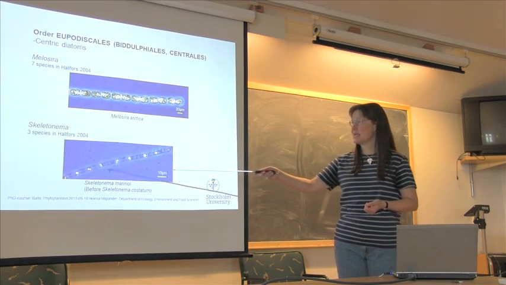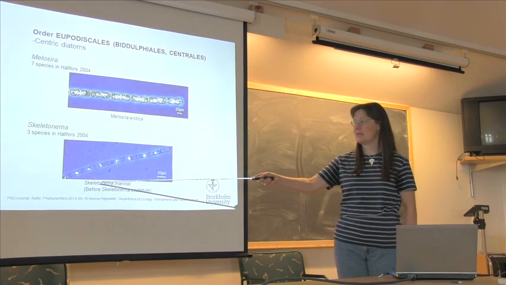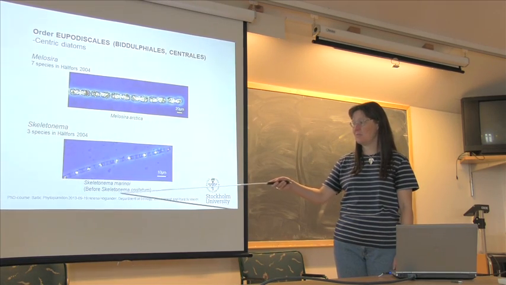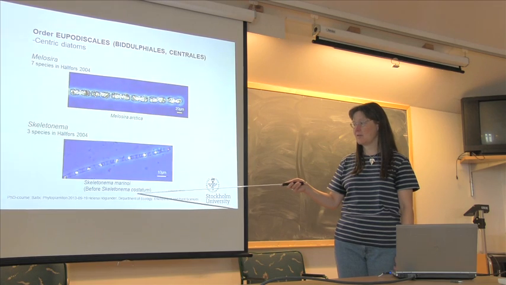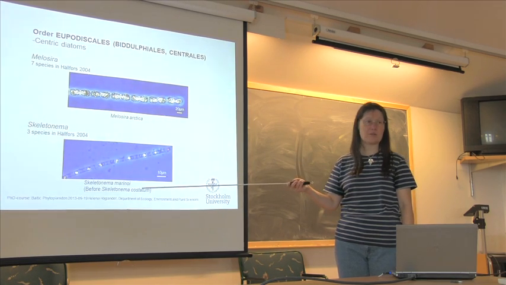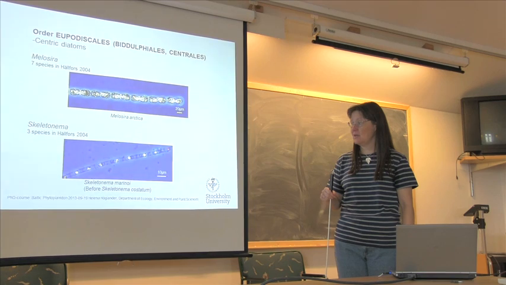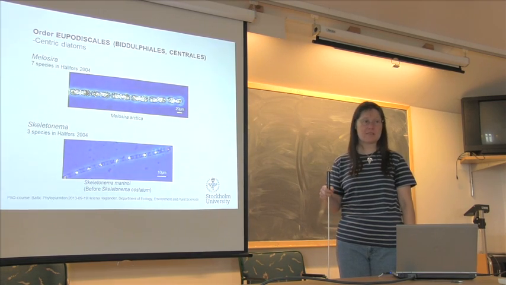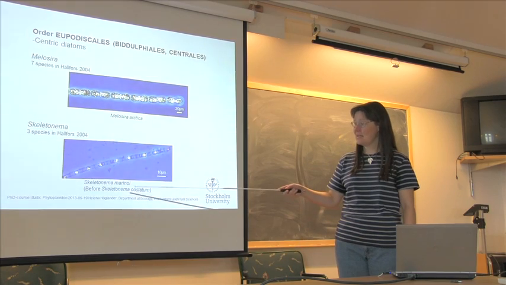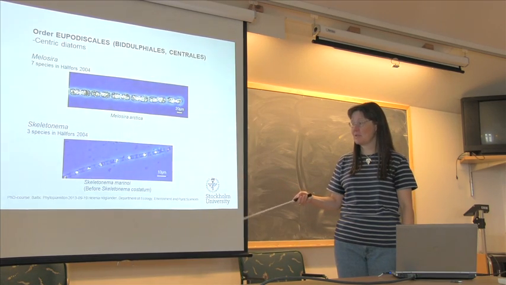And then this Skeletonema, now it's called Skeletonema marinoi, but it's maybe more commonly called Skeletonema costatum, but it is now known due to molecular studies that this is this species instead of Skeletonema costatum in the Baltic.